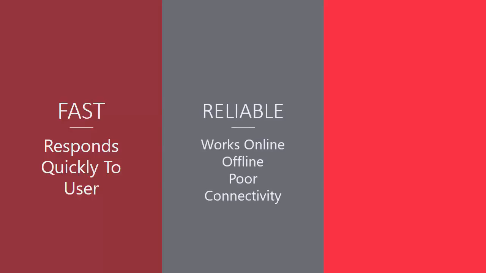Next, it needs to be reliable. It means the user knows that when they launch your application, it's just going to work. And to do that, it needs to be able to work offline and when they've got poor connectivity. And as you go through, especially in my course, you're going to learn that essentially you're building your website, your web application to work without the network.